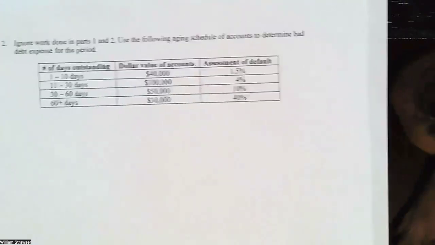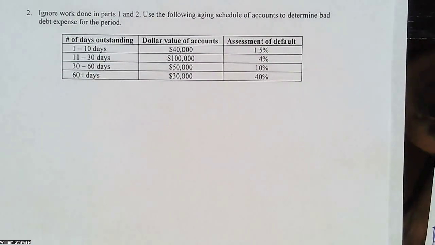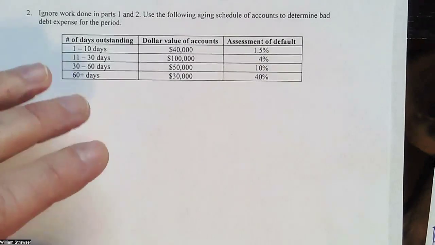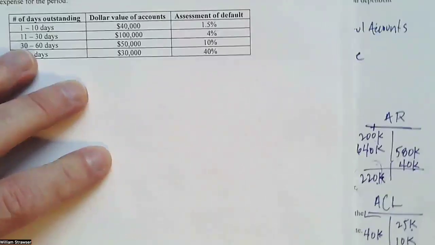We're going to take one more look at that adjustment, but instead of just using that flat percent, we're going to apply an aging schedule to determine the desired balance, but all the other facts remain the same.